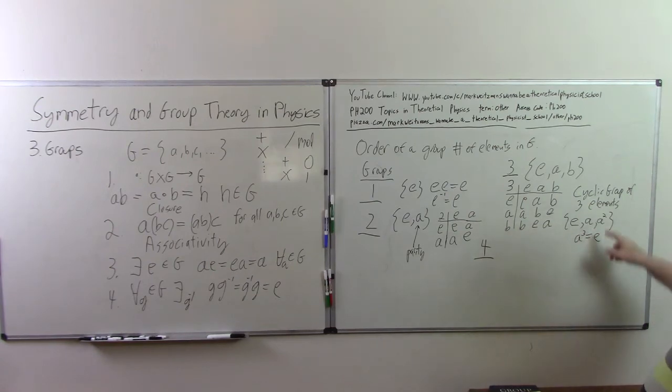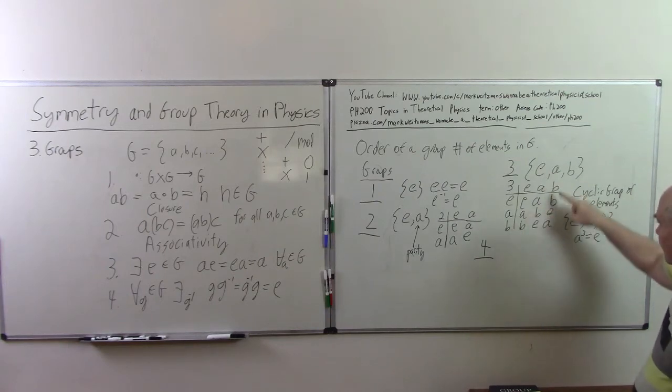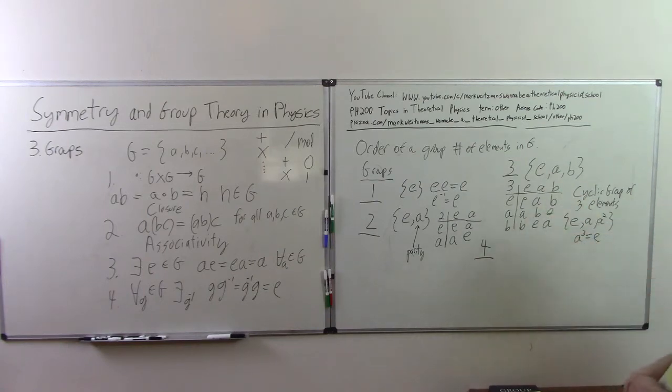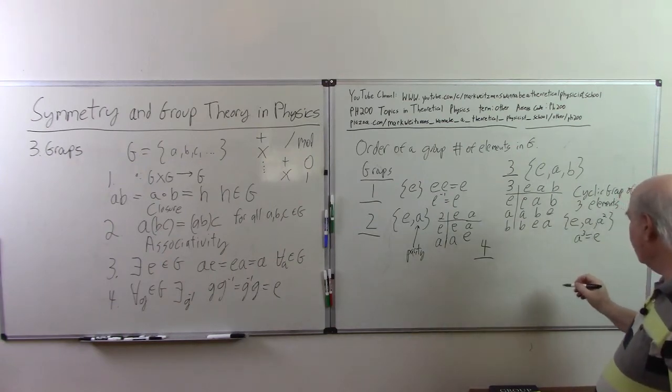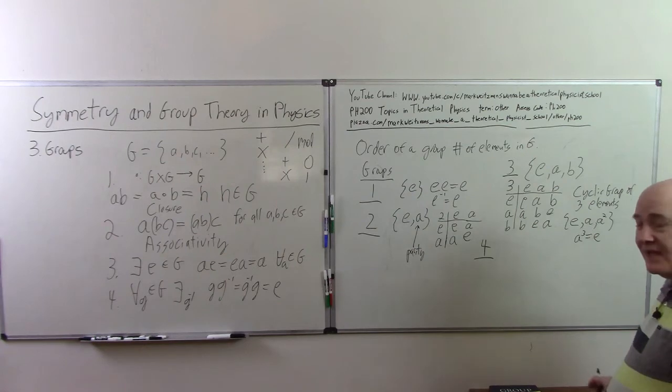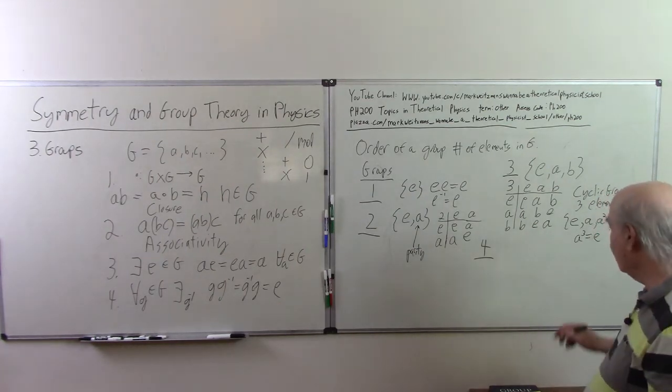So if we wanted to know what this element squared was, A squared squared is A to the 4th, and A to the 4th is A. So that would have been equivalent to saying B squared is A, which is true. Okay, let's do the 4-element groups. There are actually 2 groups of 4 elements.